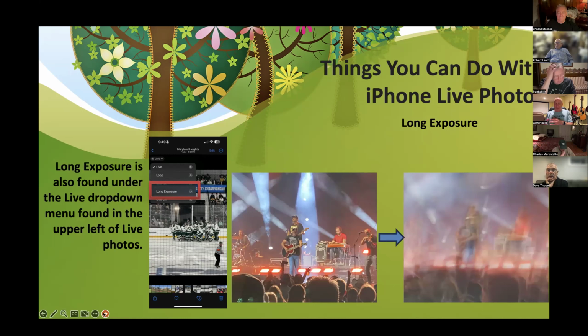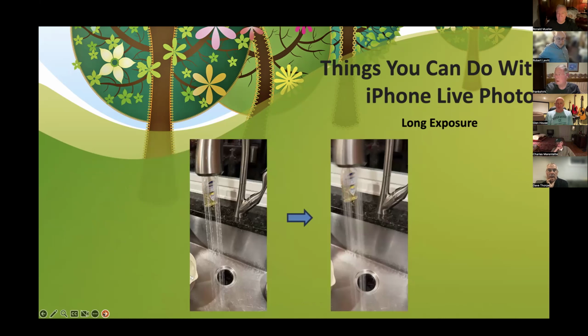It's taking that light and holding it open, and you're getting these kind of streaks. I have played with some photos and gotten some cool effects, but it's not real easy to do. I definitely recommend it on something that's moving. So for instance, there, I just took a picture of my faucet running water, and you get those kind of streaks.